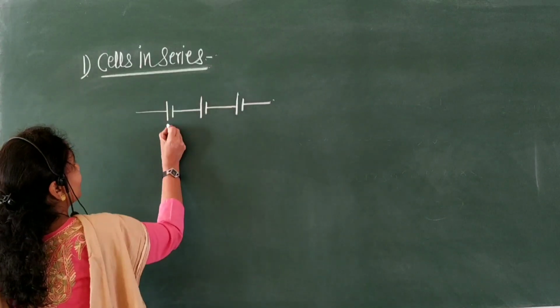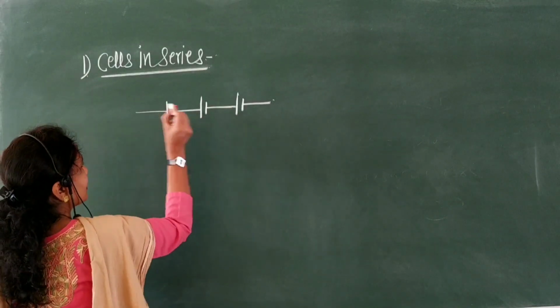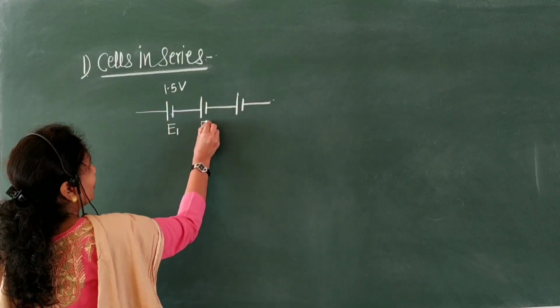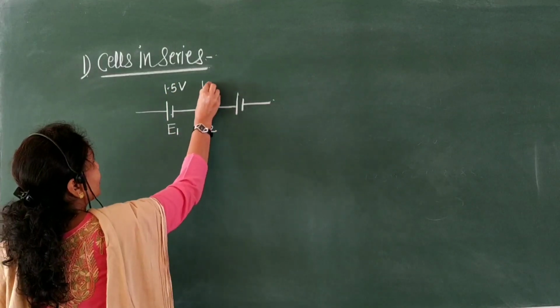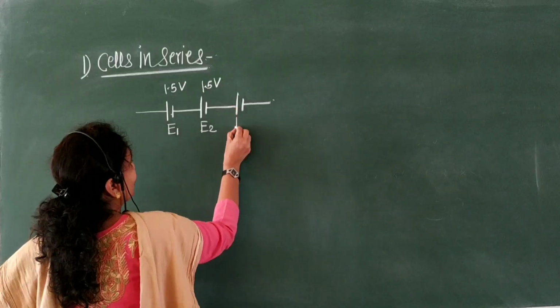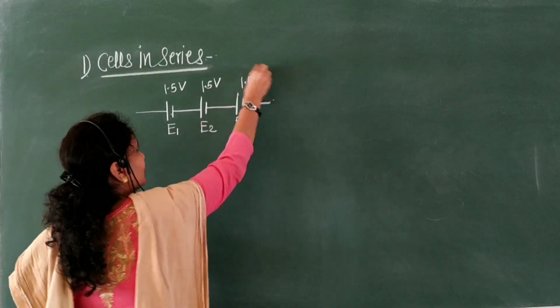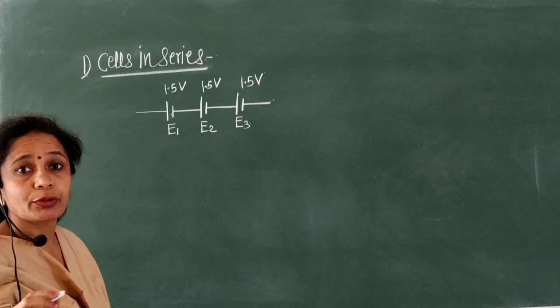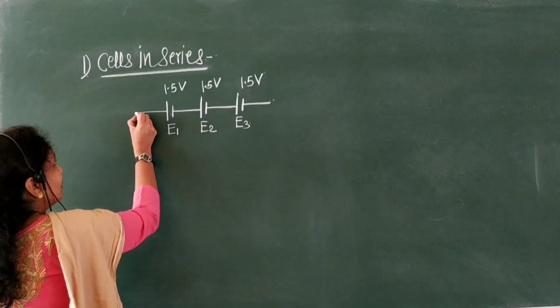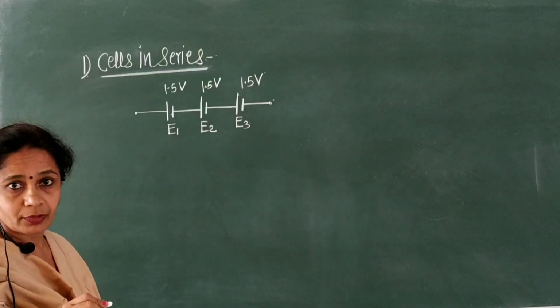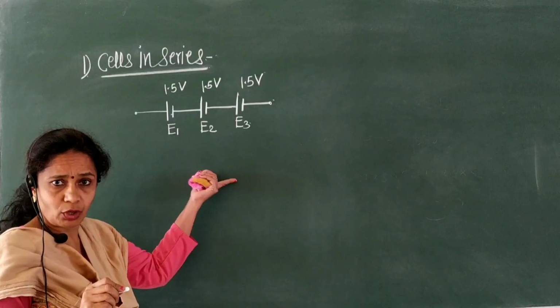The EMF of this cell, E1, is equal to 1.5 volt. This is E2, again the same 1.5 volt. This is E3, again 1.5 volt. Then what is the terminal voltage of this cell or battery?